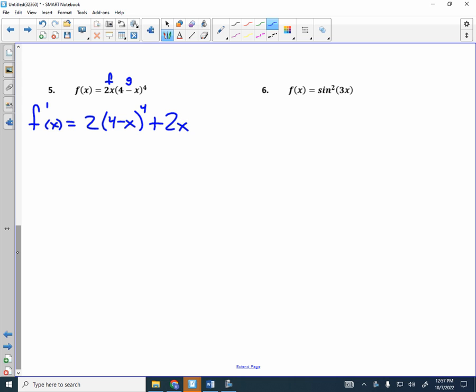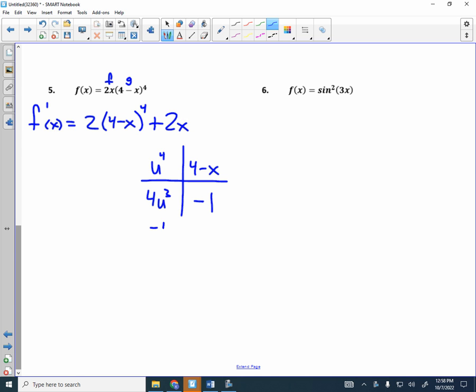What rule would I use to find the derivative of g? The chain rule. So we're going to use that chain rule. I'll set up my boxes right here. And I've got u to the 4th. What's on the inside? 4 minus x. The derivative of 4 minus x is? Negative 1. And the derivative of u to the 4th is 4u to the 3rd.